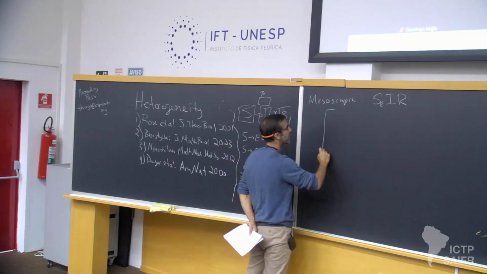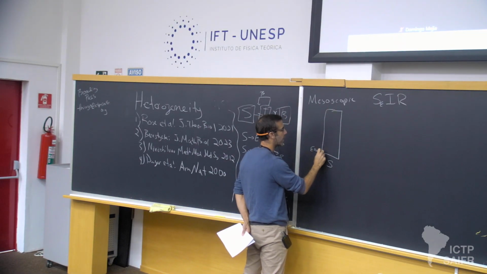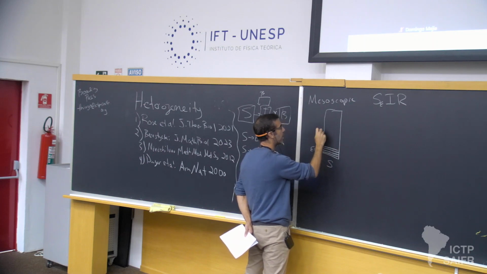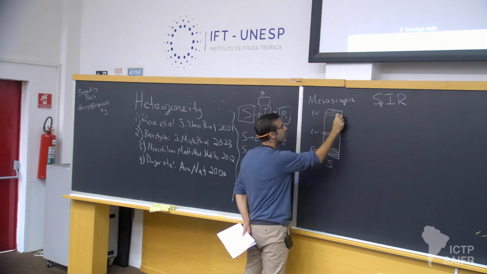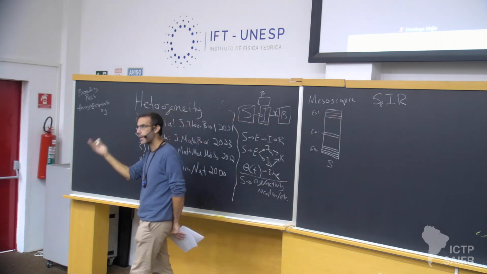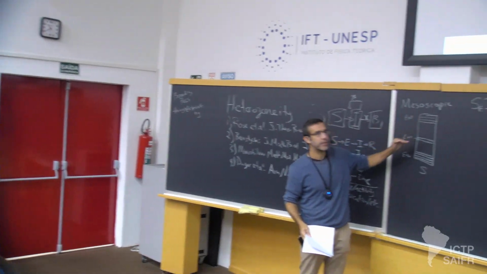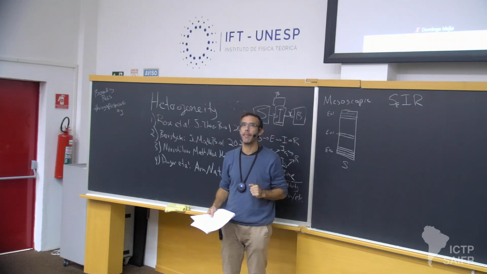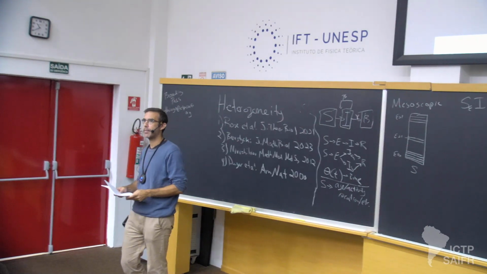In other words, I'm taking this population of S and going to structure it such that I have different bins of individuals, each of which carries a different susceptibility to infection. And if I were to add up the number of individuals in each of these bins, or take an appropriate integral if I make this a continuous distribution, I get the total number of susceptible individuals in the population.